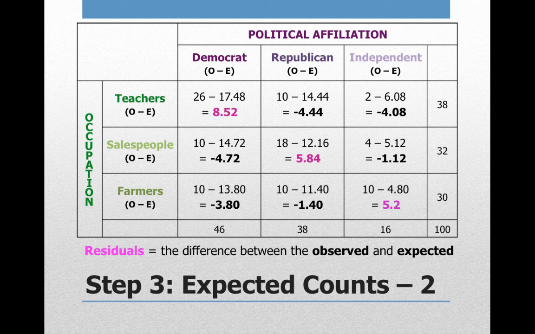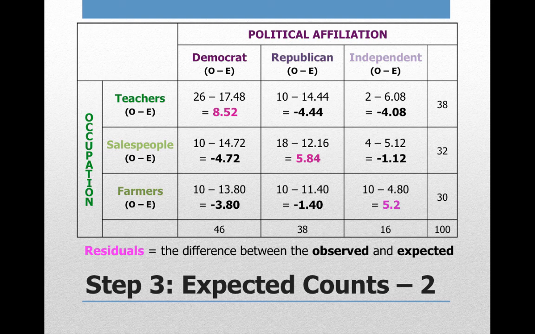And we can calculate the residuals for every single cell, where we see that among Republican teachers, we only had 10 people within our 100 identify as Republican teachers. But we expected in the population, if the null hypothesis is true, to only see 14.44 people within 100 people in our population.